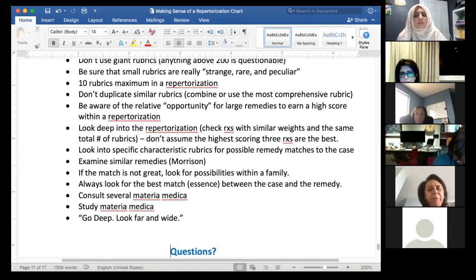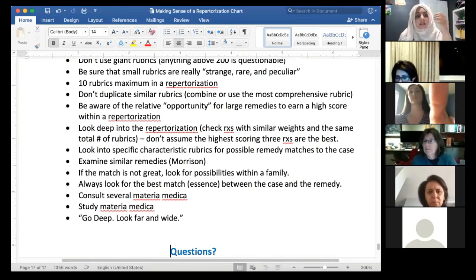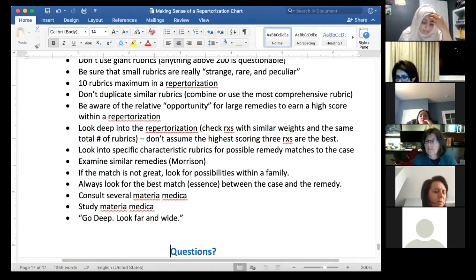All right, thank you. I had a question. What if you have a symptom that is exactly what the client is describing, and you find the rubric and it's just one remedy for it?